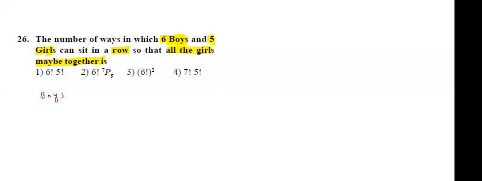How many are there? Number of boys, 6. Girls, 5. All the girls come together means all girls treat as one unit because they want to sit at one place. In between, no boy can sit.